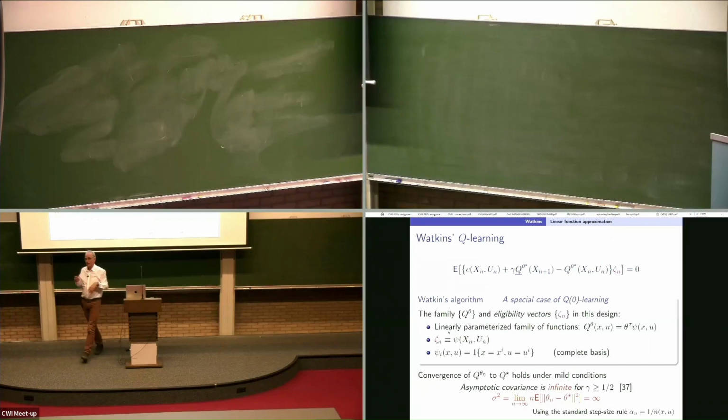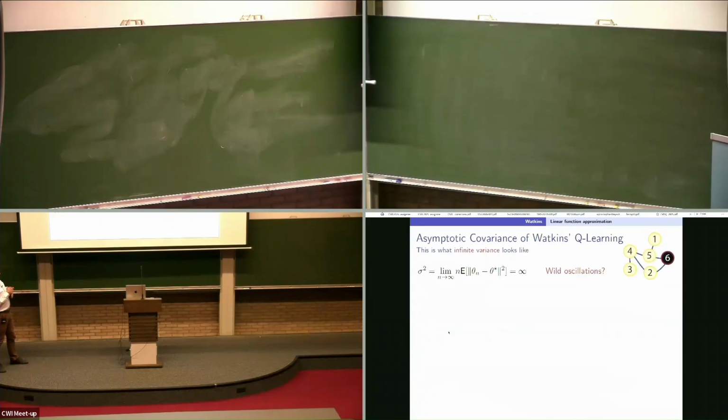In fact, if the discount factor is close to 1, the convergence rate of the mean square error can be 1/n to the 0.000001. It can be arbitrarily slow if you use Watkins' step size rule. But if you look at the stochastic approximation literature, you'll see you shouldn't do that. So it's really worth knowing the theory.